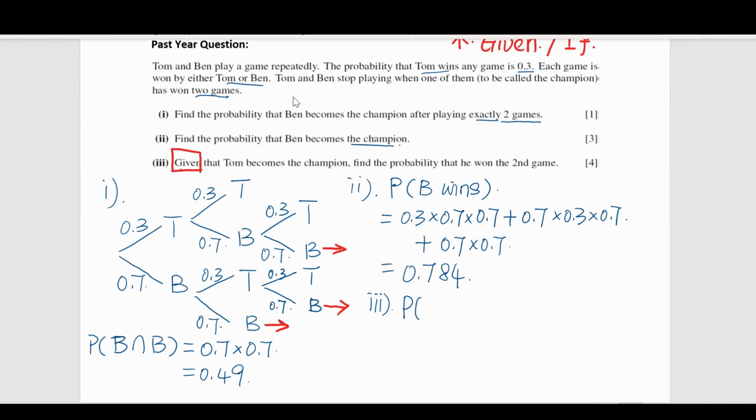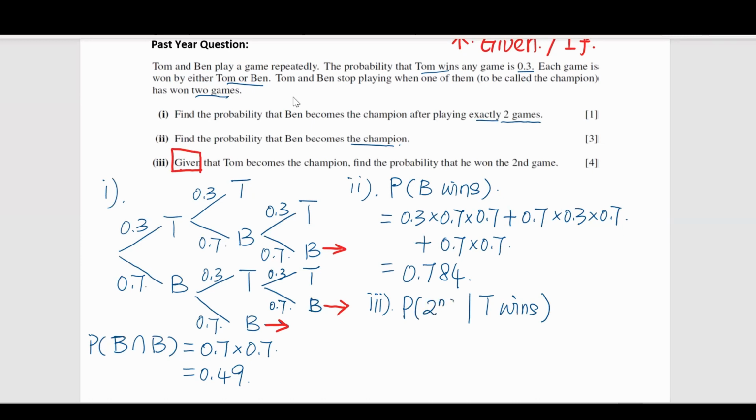So this is what the question wants. According to the formula, whatever is given means it has already occurred, so you put it at the back: given that Tom becomes the champion. So in this case, Tom wins. And then what we want to find is the probability that Tom won the second game.